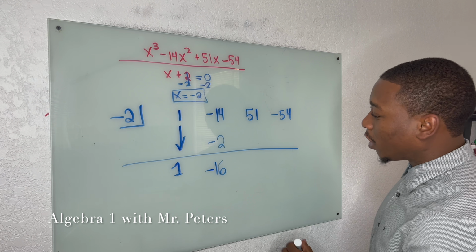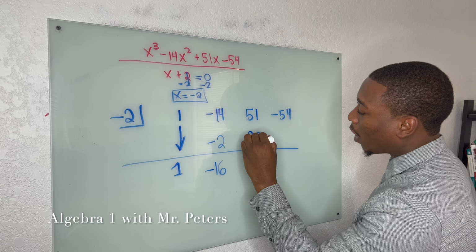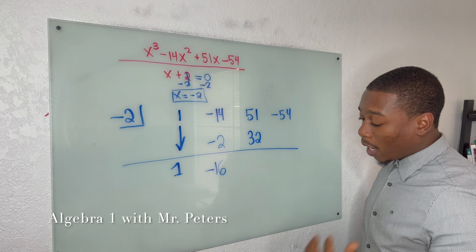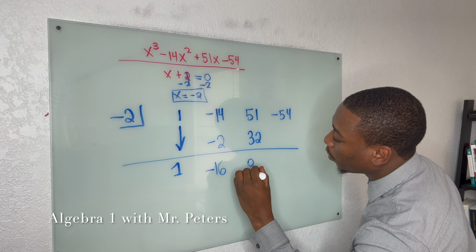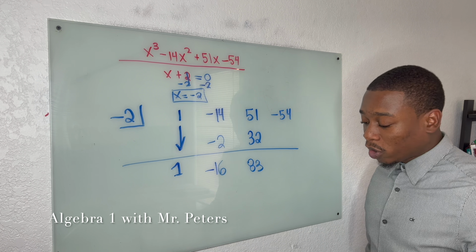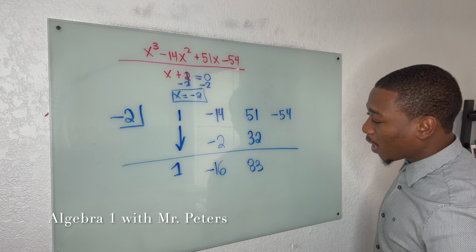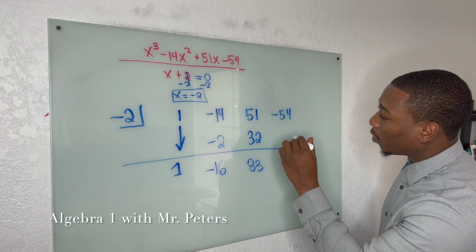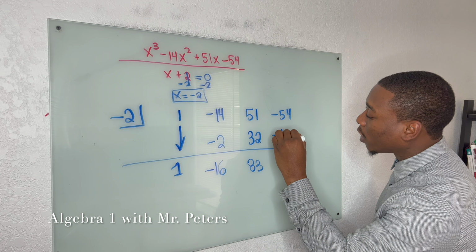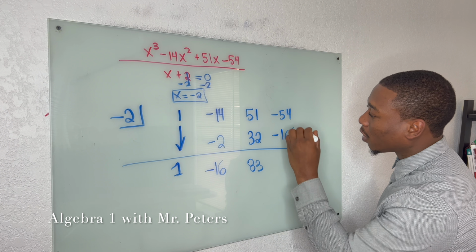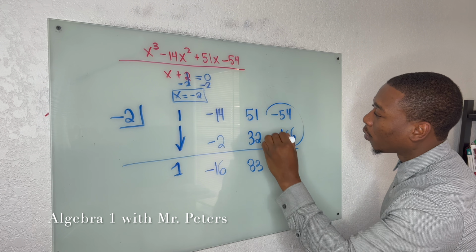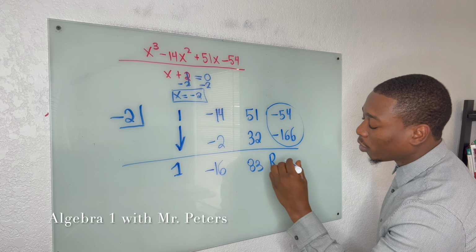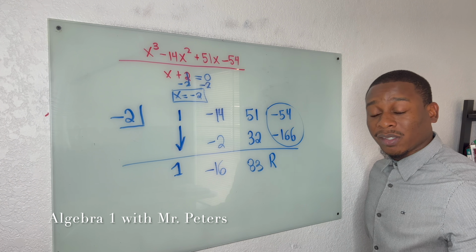Negative 2 times negative 16, that's positive 32. Now I'm going to combine 32 and 51. So we're going to get 83. And then when I multiply negative 2 times 83, we're going to get negative 166.